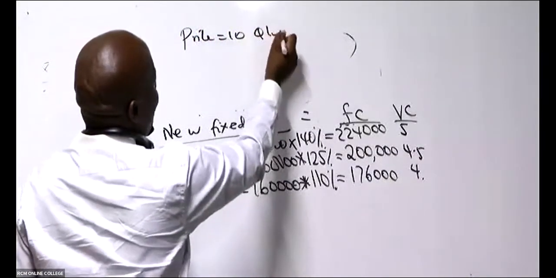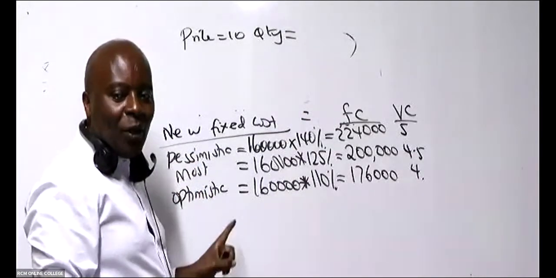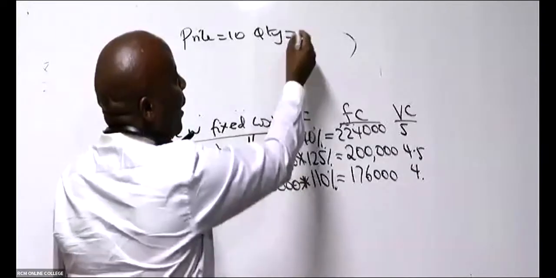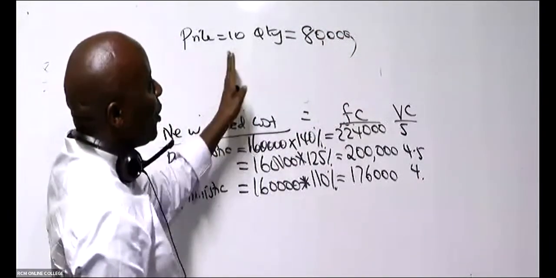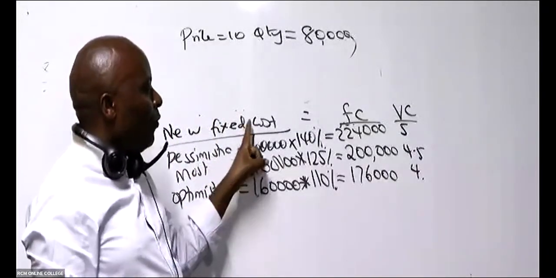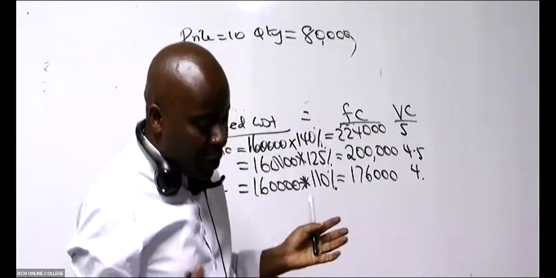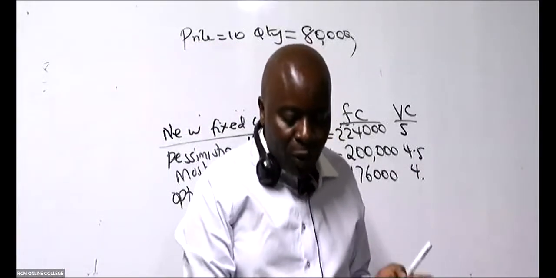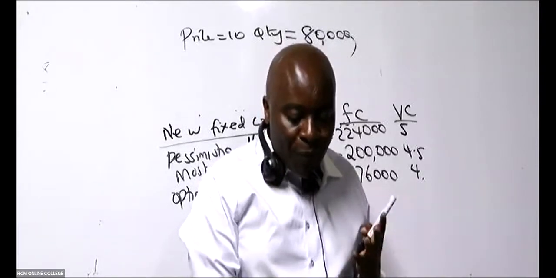And the quantity, they have told us that regardless of the state of nature, the quantity will remain the same. I'm not the one who is saying that. If we charge a price of 10, the only parameters that will change will be fixed cost and what here? Variable cost. That is what they have told us. They're not giving us any information about new quantities should we decide to sell at the 10 bob.